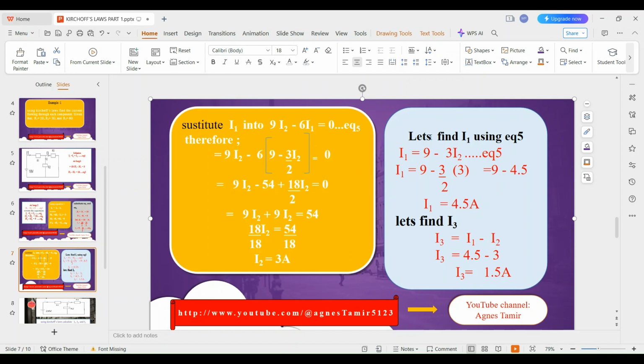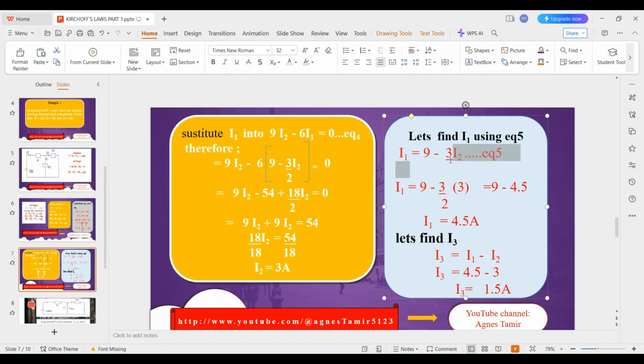Not here, this was equation 4. Sorry, I have done the wrong thing. Equation 5 was 9 minus 3 over 2 I2. This is supposed to be 3 over 2 I2. Yes, it's correct now.